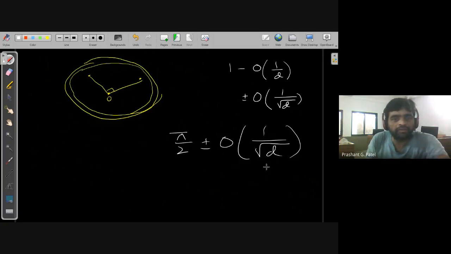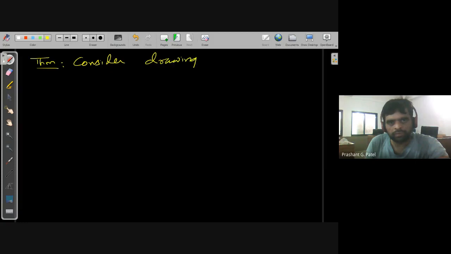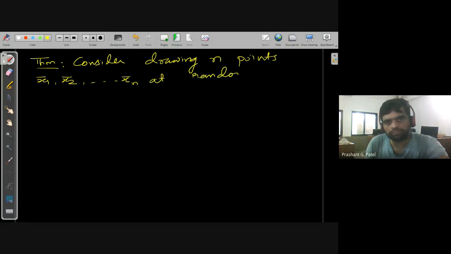So in particular, we have the following theorem. We will not discuss the proof of this theorem, but let us see what it says. Consider drawing n points, which are really vectors, x1 bar, x2 bar, up to xn bar, at random from the d-dimensional unit ball.